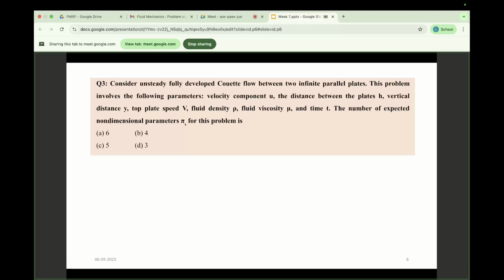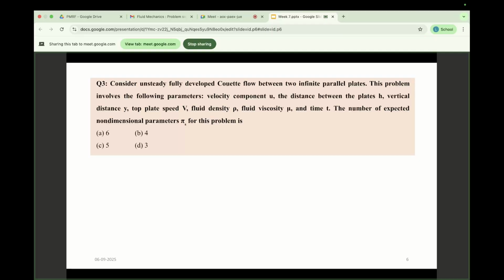This is another question where it is said that the unsteady, fully developed laminar flow between two infinitely large plates. The problem involves the following parameters: velocity component u, the distance between the plates h, the vertical distance y, the top plate velocity, fluid density and viscosity, and all these things are given.